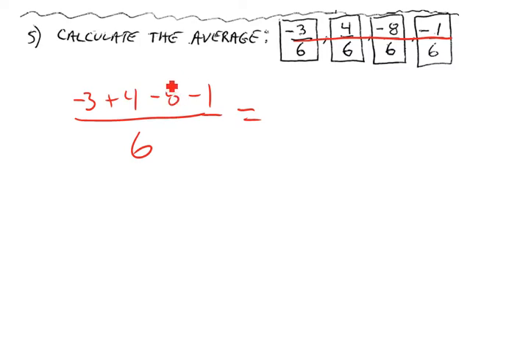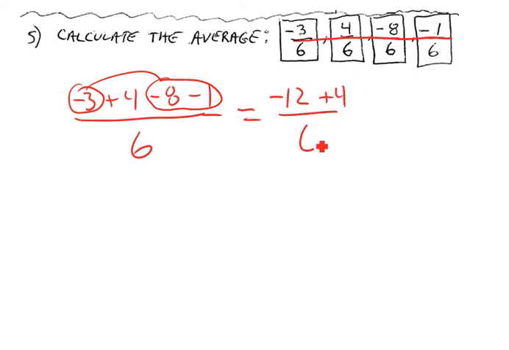If I take all my negatives, I have -8, -9, -12. -12 plus 4, well, that's just 12 minus 4 is 8. So -8 over 6.